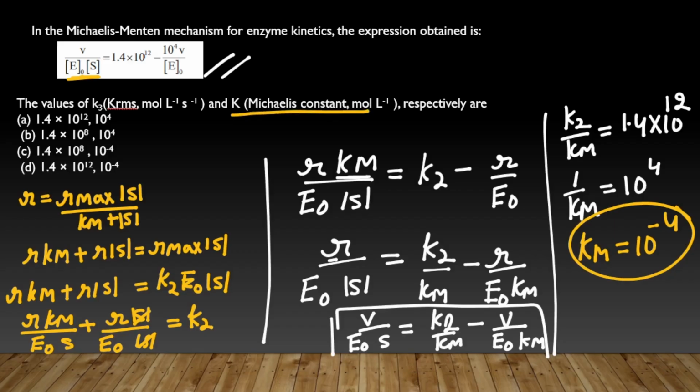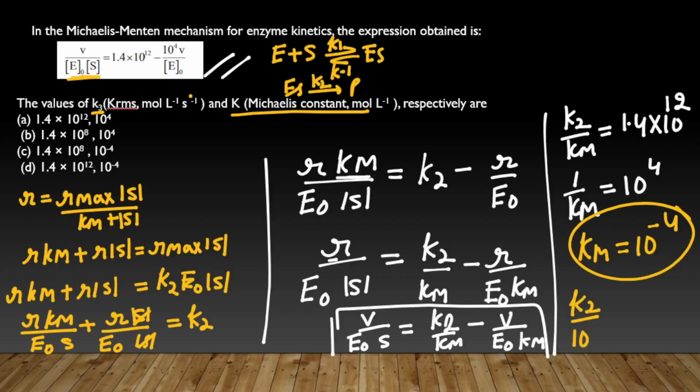Okay. And this they are saying is K3. So this K3 is nothing but, in the derivation that we have been doing, we generally write it like this: E plus S is in equilibrium with ES, that is K1, and this is K inverse, and ES giving you the product P, this is K2. Now instead of the K inverse they have used K2, and instead of K2 they have used K3. So this is just the difference. So we are finding the value of K2 over here.